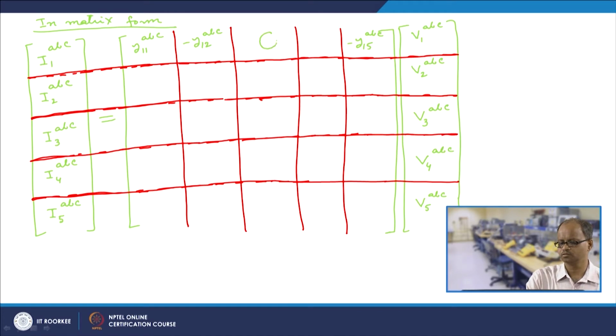These are all 0. Please note that all these matrices are actually 3 cross 3. Everything is 3 cross 3 here.